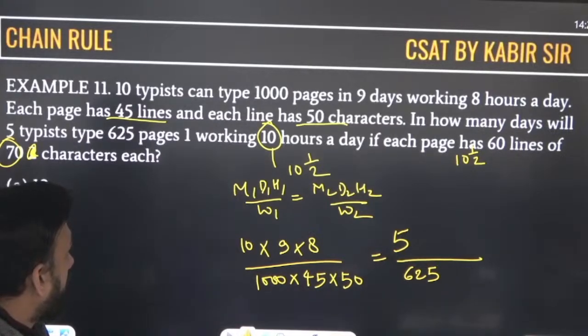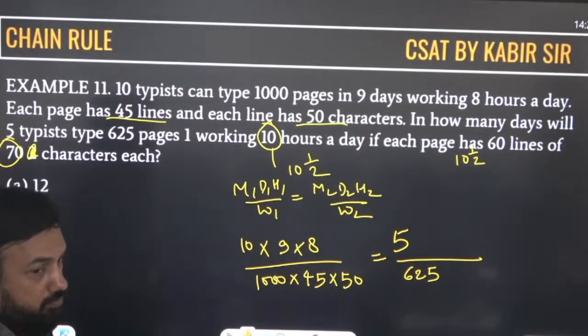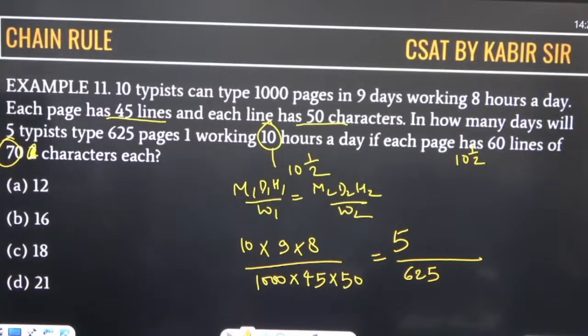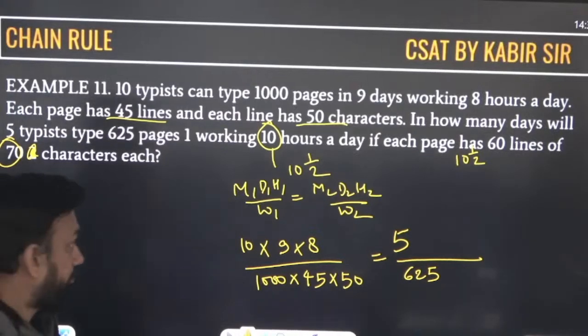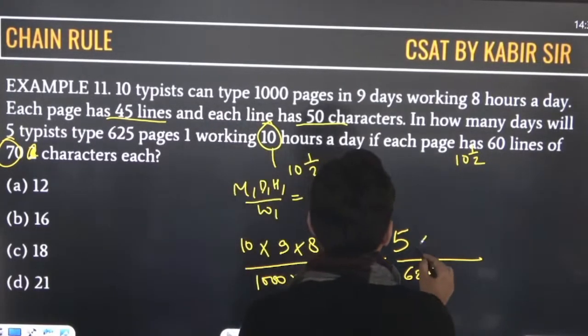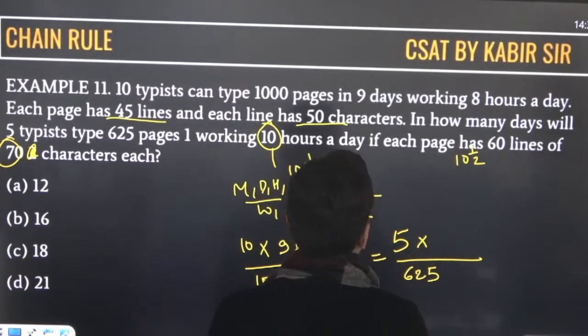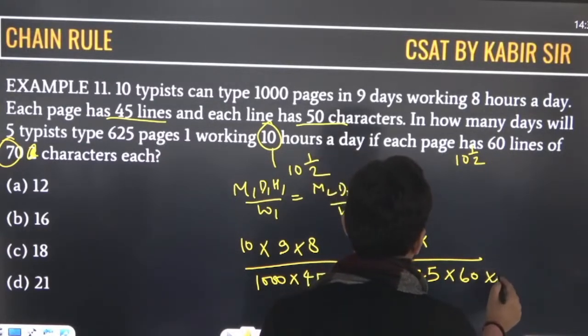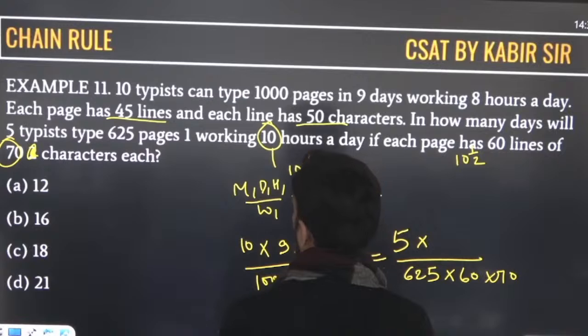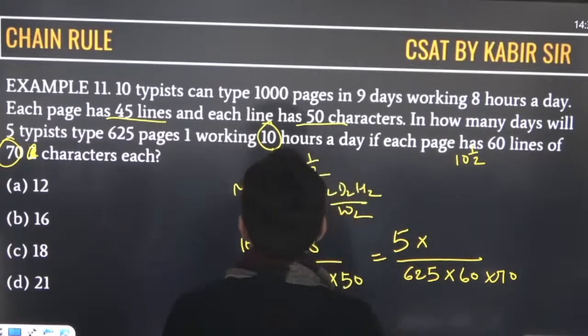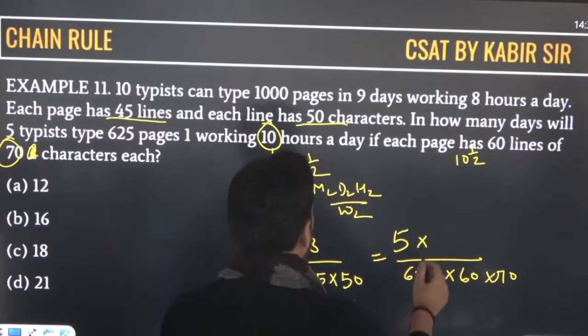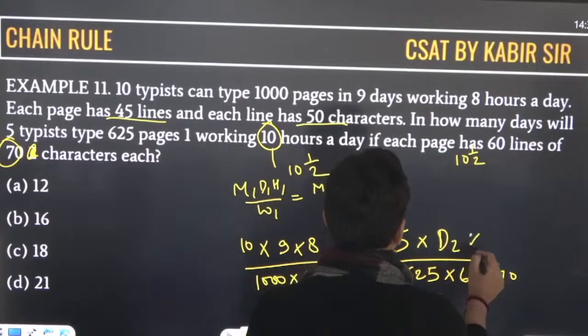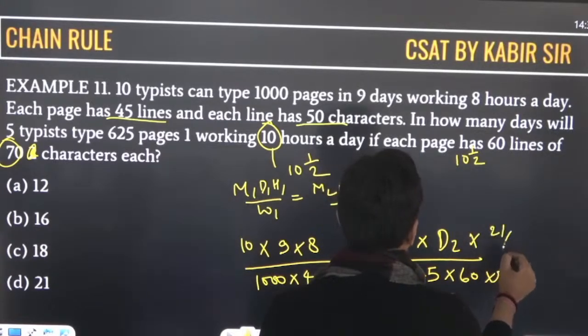So how many hours are there? Hours will be how many? 60 lines, 70, right? So days we have to find. Hours are 21 upon 2.